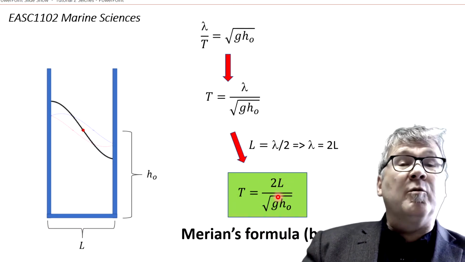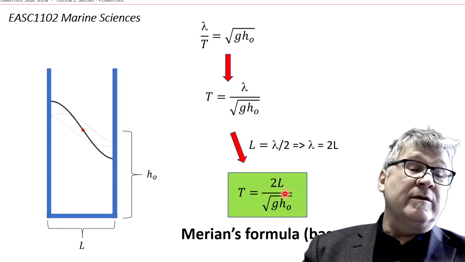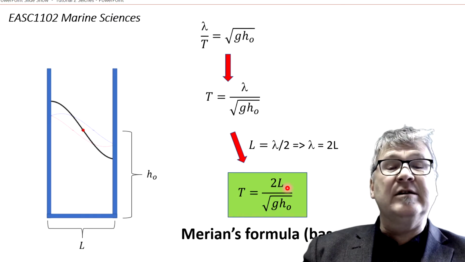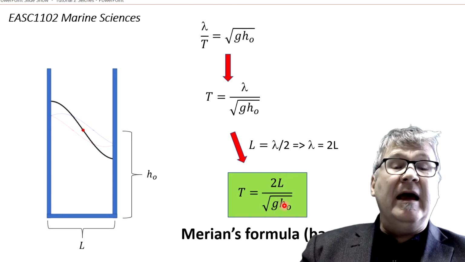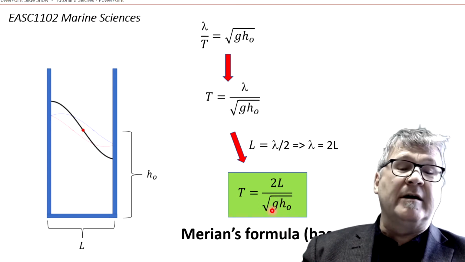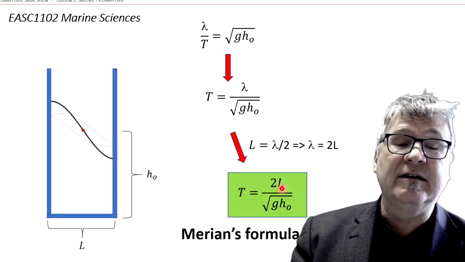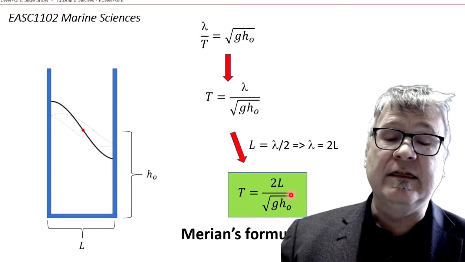Then you can work out the period, knowing the length L, the horizontal dimension of your basin, and the average water depth. There's a factor of 2 in here, and that comes from the fact that only half a wavelength is in there.